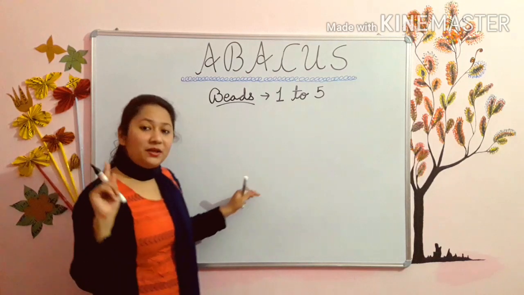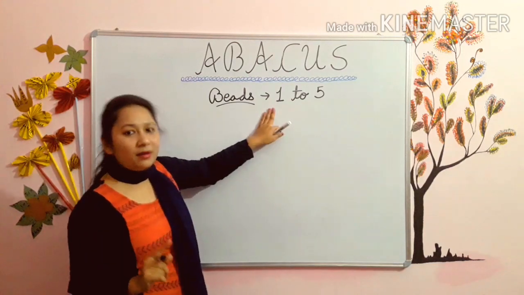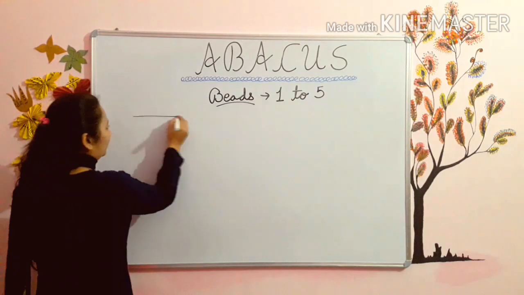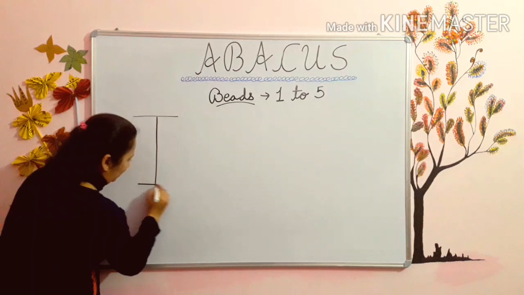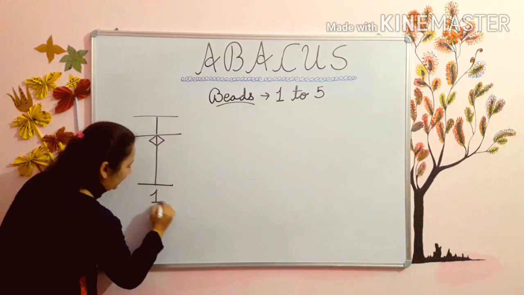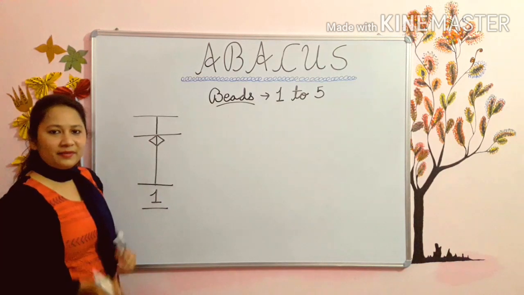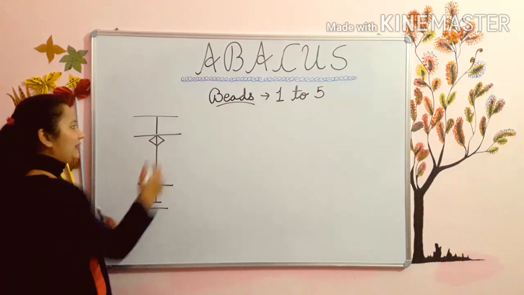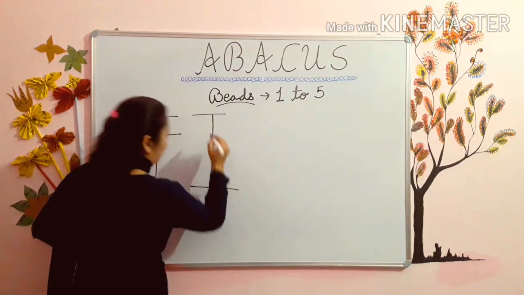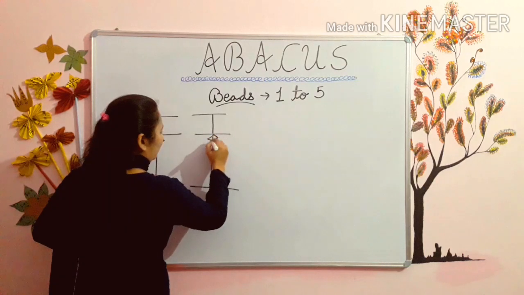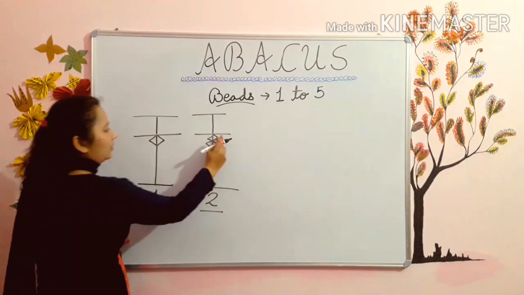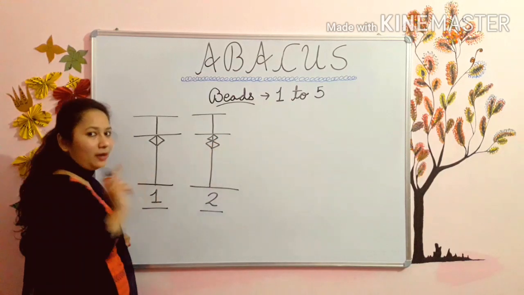Students, those who have watched my previous videos, they are well known with beats 1 to 5. So, this is beat 1. Very nice, you know very well. This is beat 2. See, 1, 2. You can count like this.